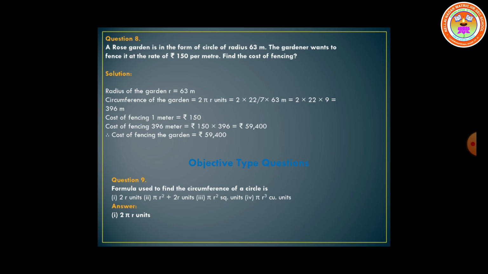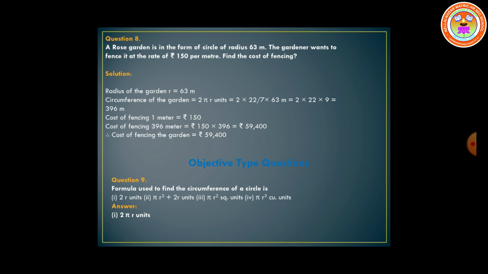So how do you find it? Radius of the garden is equal to 63 meter. How do you find the circumference of the garden? Circumference is equal to 2 pi r units. It's 2 into pi, and instead of pi, you put 22 by 7, into r is equal to 63.